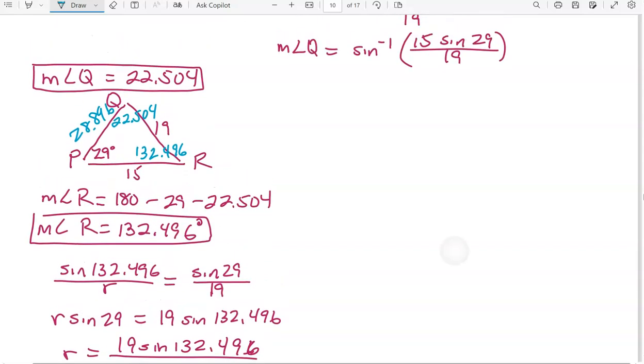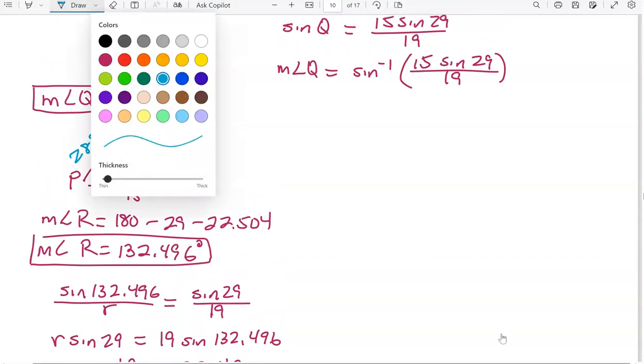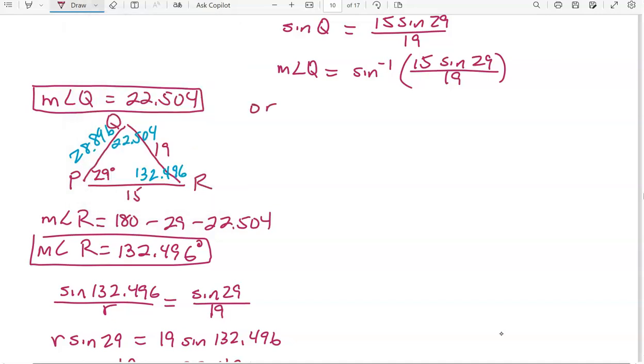And now we're going to go back and grab the second solution, which I should have probably written something, but remember, in SSA, the first angle that you find, there are two solutions. Calculator only gives you one. So in our second solution, measure of angle Q would be 180 minus the answer that we got for angle Q in the first solution.